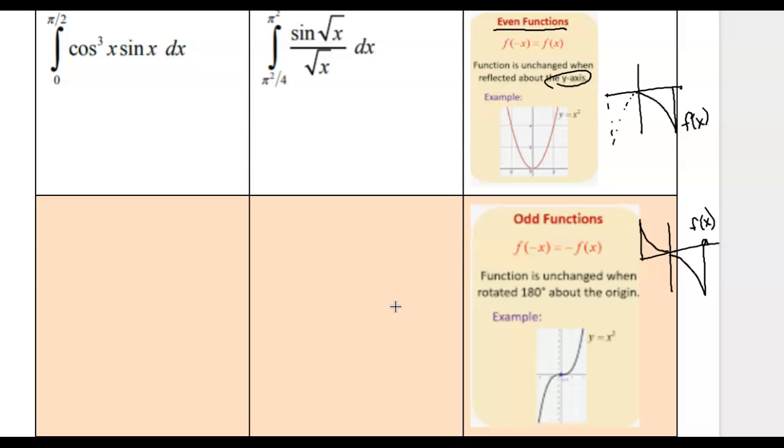Okay, and so what happens is those areas would be the same amount, but one would be positive and one would be negative, so then they would cancel each other out, and my integral value would be 0. This integral value would be double. And it would either be positive or negative. We don't know. Okay, so that's where that comes into play. So keep that in mind.